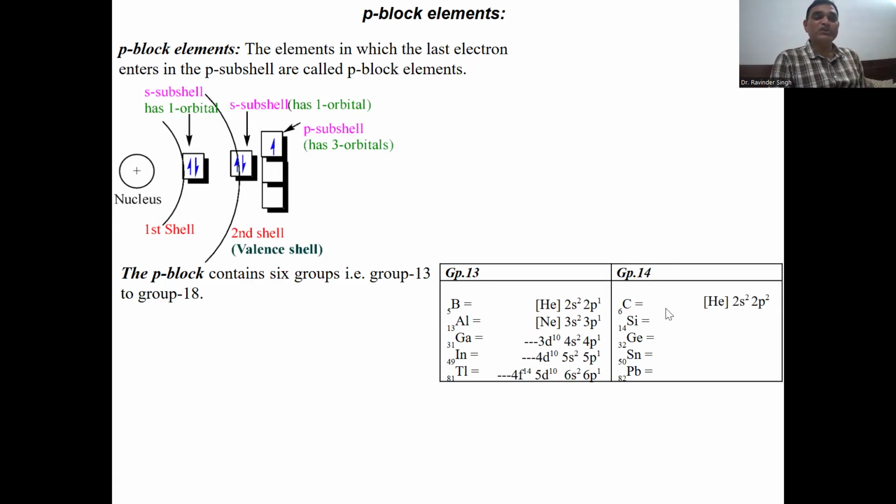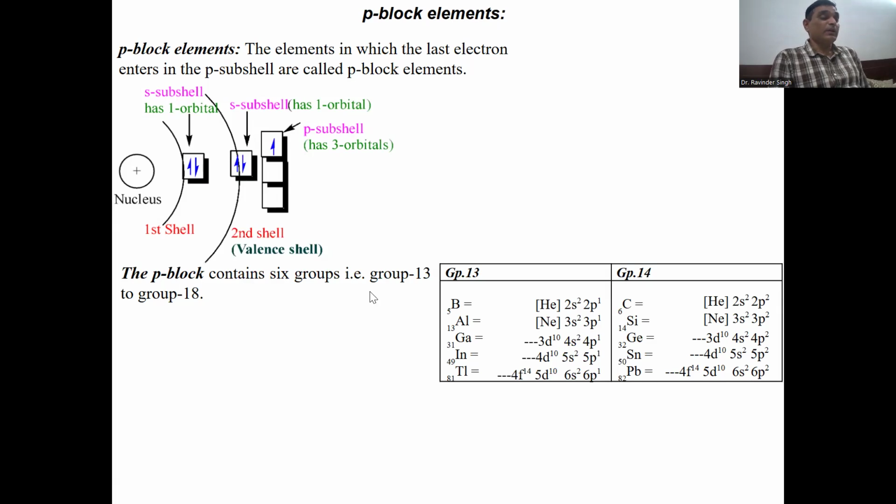So what about the configuration of carbon? 2s2 2p2, valence configuration. Similarly, silicon 3s2 3p2, germanium 4s2 4p2, tin 5s2 5p2, lead 6s2 6p2, and the remaining things remain the same.